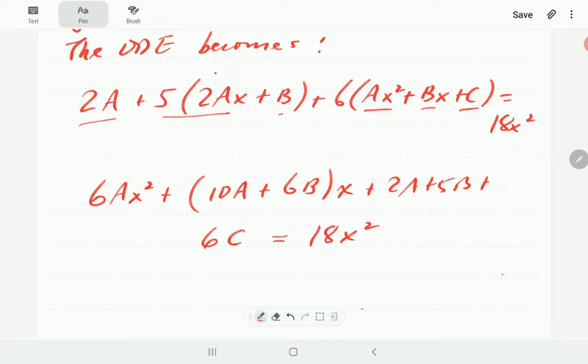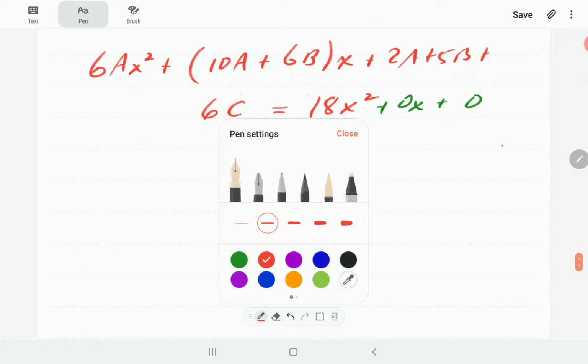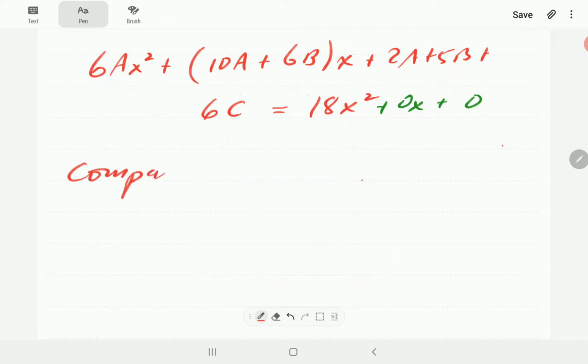Right, now the right hand side, if we like, we can write it as 18x squared plus 0x plus 0. So what it does mean is that when we do the comparing, the coefficient of x squared on the left hand side is 6a, on the right hand side it's 18.